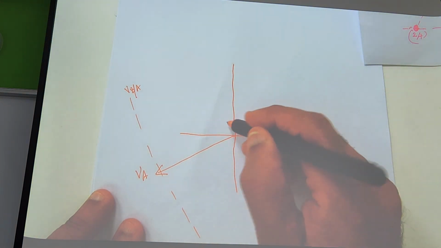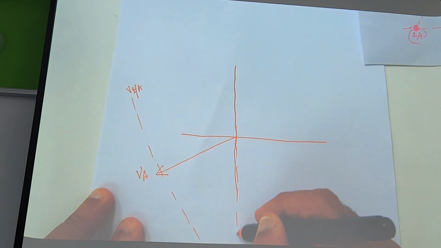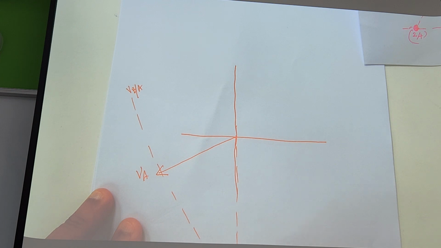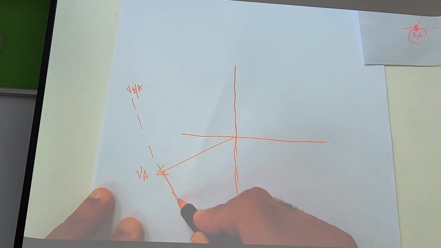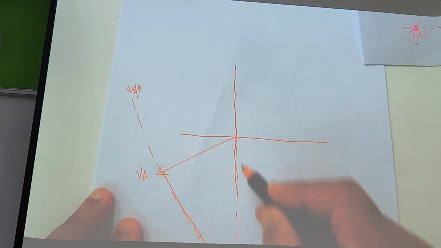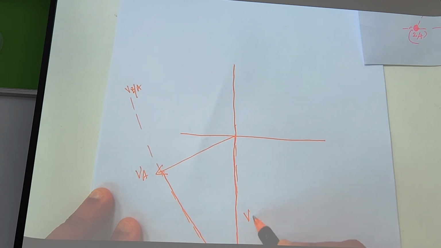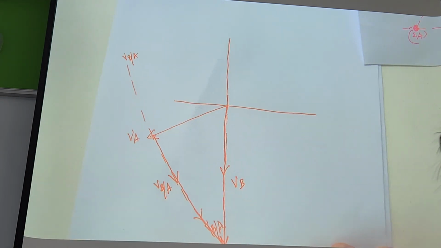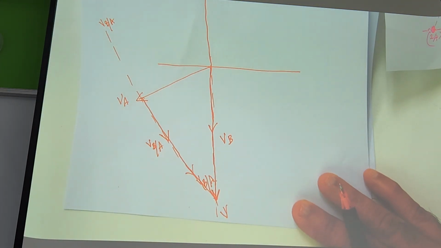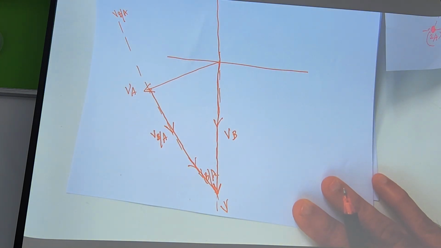And velocity B will be like this. So now this will be velocity B. So your velocity polygon will look like this.